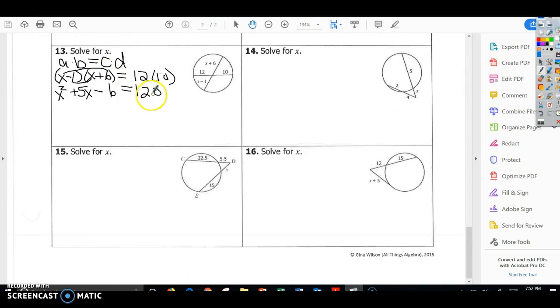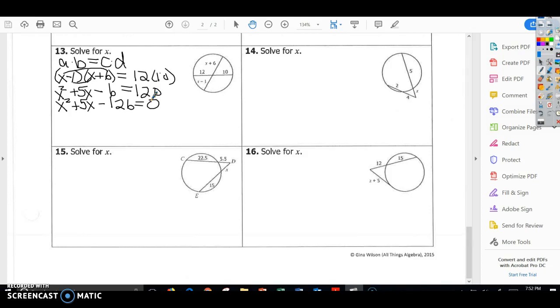Alright, once I do that, I'm going to now set this equal to 0 because I have a quadratic, and that's what I do when I'm trying to solve a quadratic. So I'm going to have x squared plus 5x. I'm going to subtract 120 from negative 6, which is negative 126. And now we set that equal to 0.